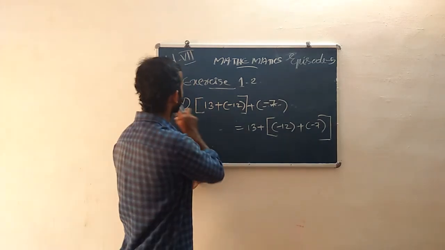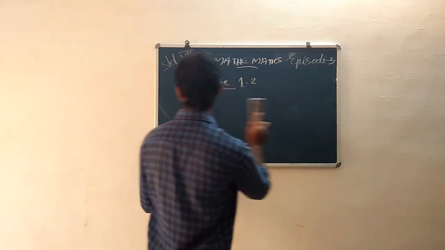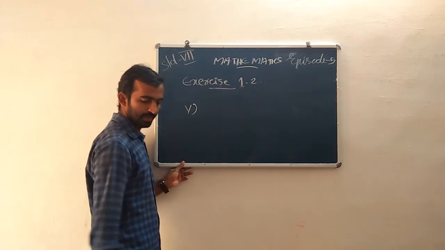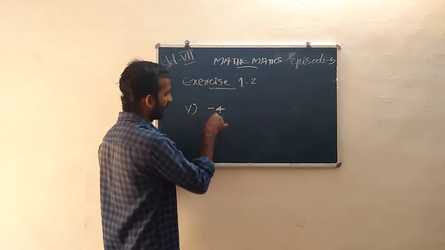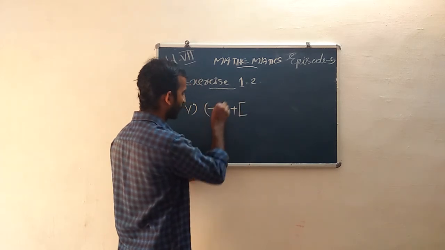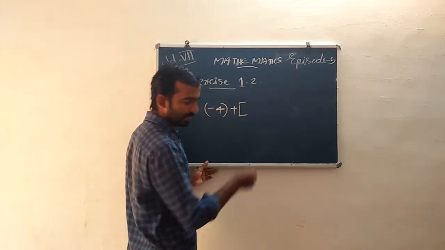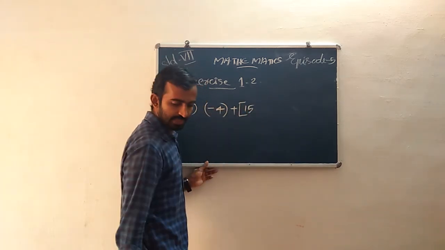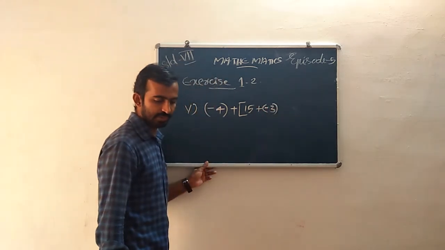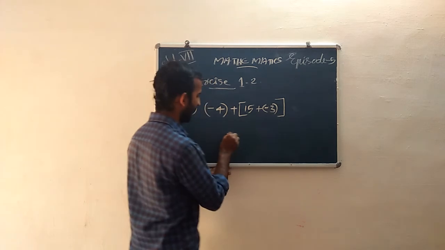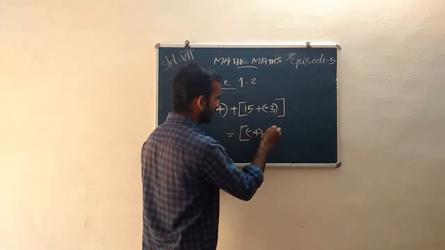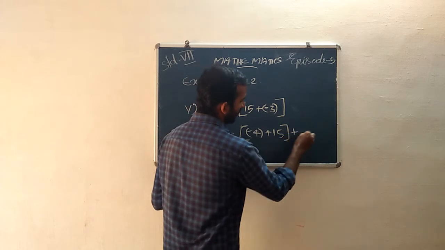The fifth one is negative 4 plus 15 plus negative 3 equals negative 4 plus 15 plus dash.